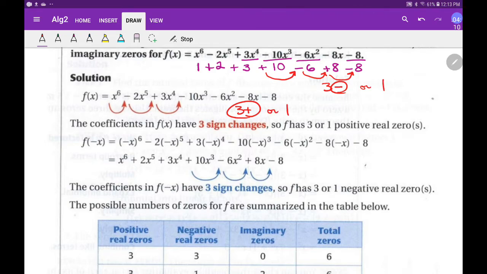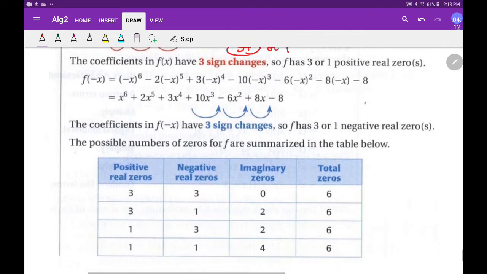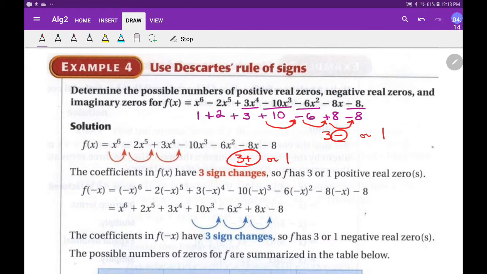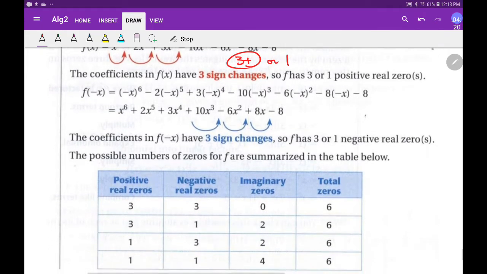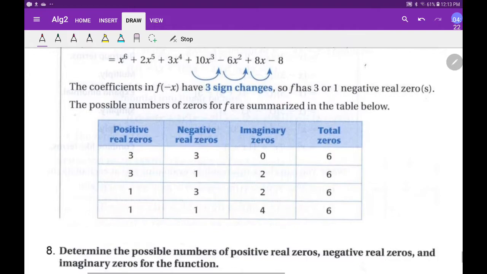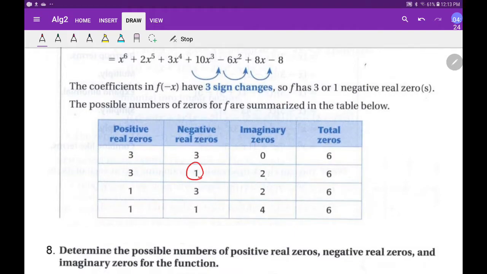Either way, okay. You could plug in something other than -1, but I'd plug in -1 because it just makes it easier. All right. So if it is 1, then we have to say there's 2 imaginary. Okay, so anyway, you get the idea.